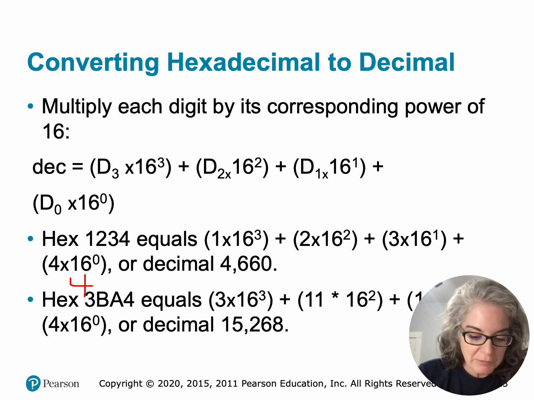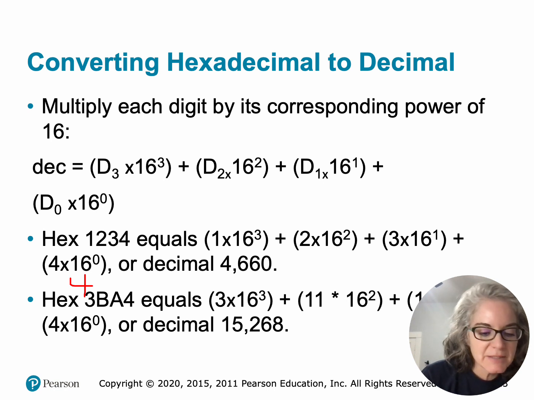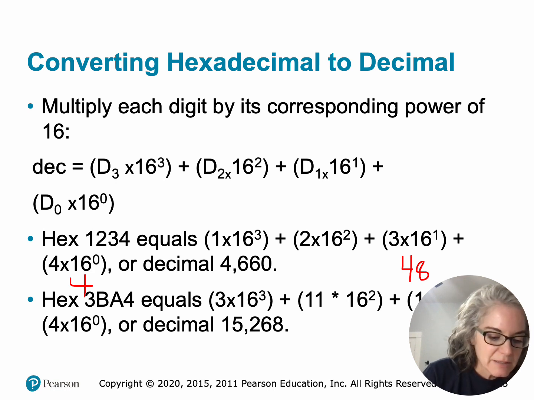I'm getting out my calculator because I don't want to do this in my head. So it'd be 16 times 3, which would be 48. This one will be 16 times 16, and 16 times 16 is 256. And then we take that 256 and we multiply it times 2. So this is 512.